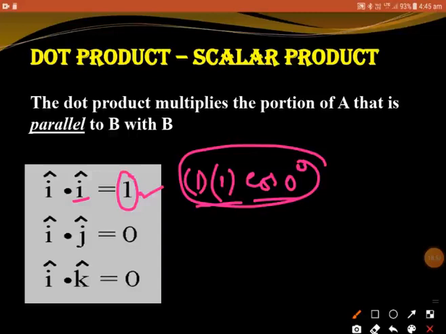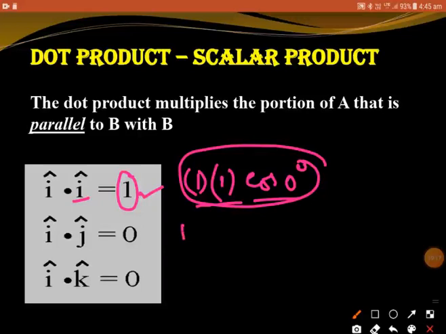But if you are taking the dot product of i cap dot j cap, that means the unit vector along the x-axis and the unit vector along the y-axis. If you take the dot product of these two, it will become 0. How?